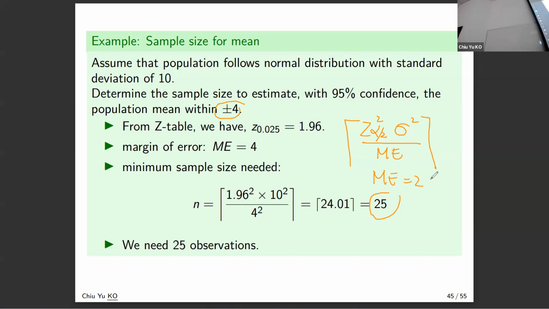Actually, when we do market research, it doesn't make a big difference whether you do it for China or for a small city in Hong Kong, as long as you think they share the same standard deviation.